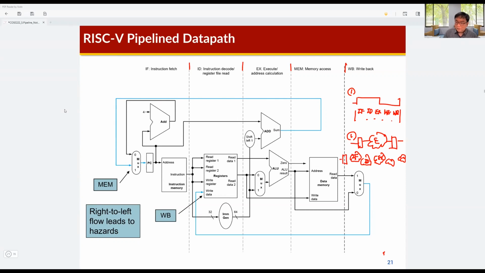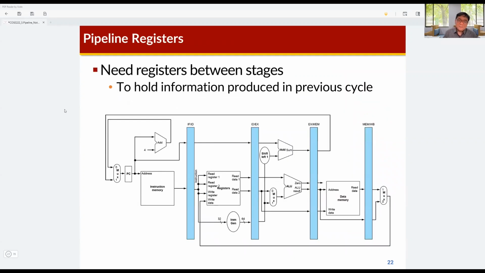And then this is a D flip-flop, and this is another D flip-flop. We can just insert D flip-flops between two neighboring steps. So this is the pipeline design.